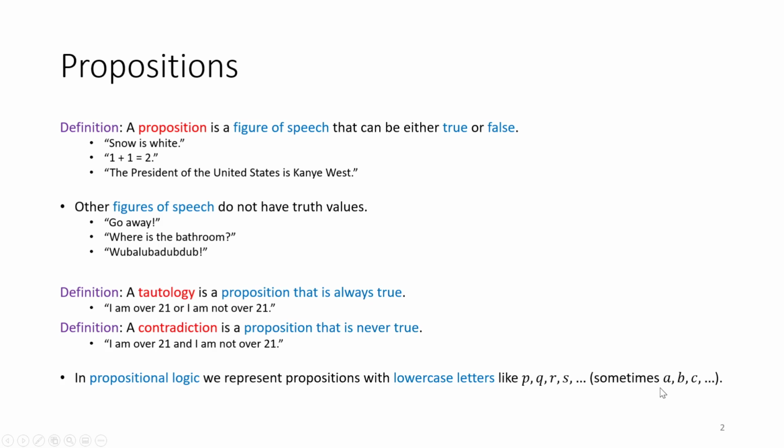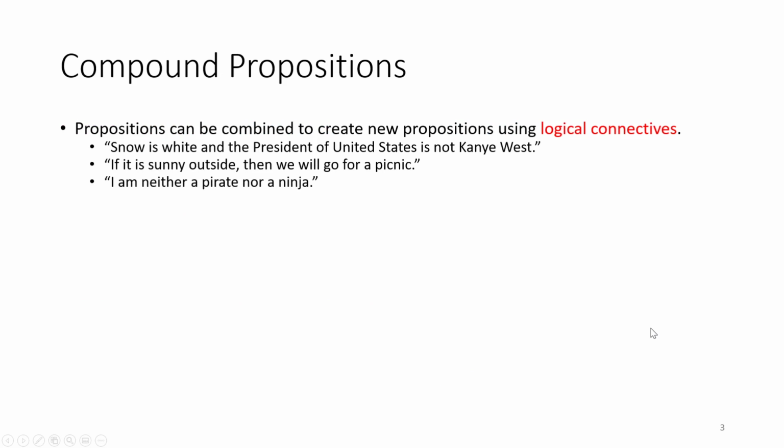We'll try to avoid the end of the list, the XYZs, because those usually look like variables in calculus or algebra. For the same reason, we try to avoid N, M, and L. They usually play privileged and important roles in the analysis of algorithms that we'll see later on. So you try to pick your letters so they don't overlap with other ones. P, Q, R, S are the ones privileged by propositional logic.